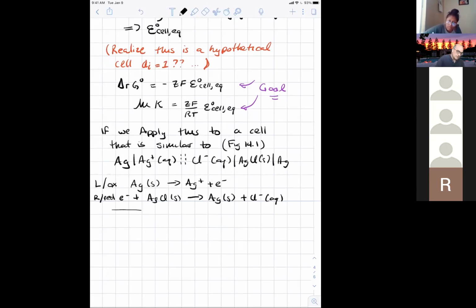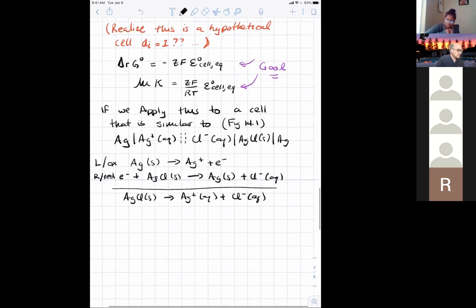Now, what's the net reaction? The net reaction is AgCl going to Ag plus Cl minus. You may recognize this as KSP AgCl. This is the KSP reaction for AgCl.